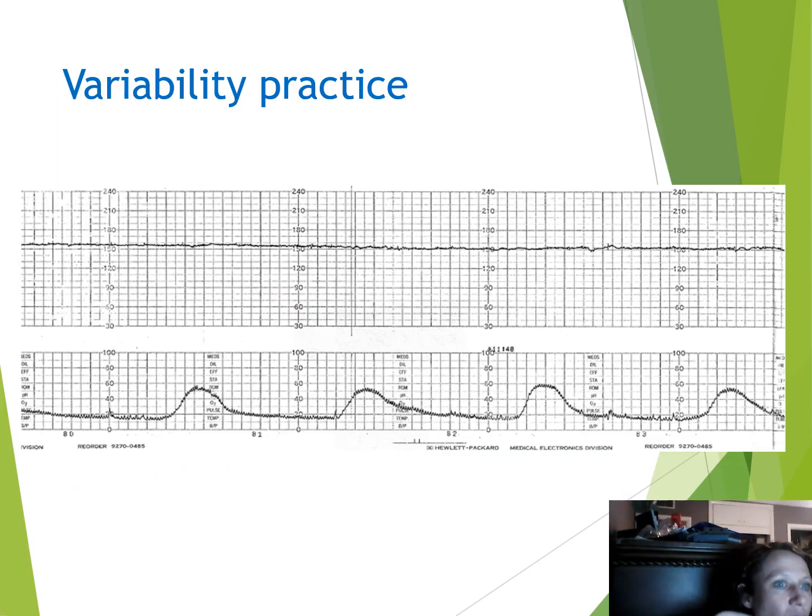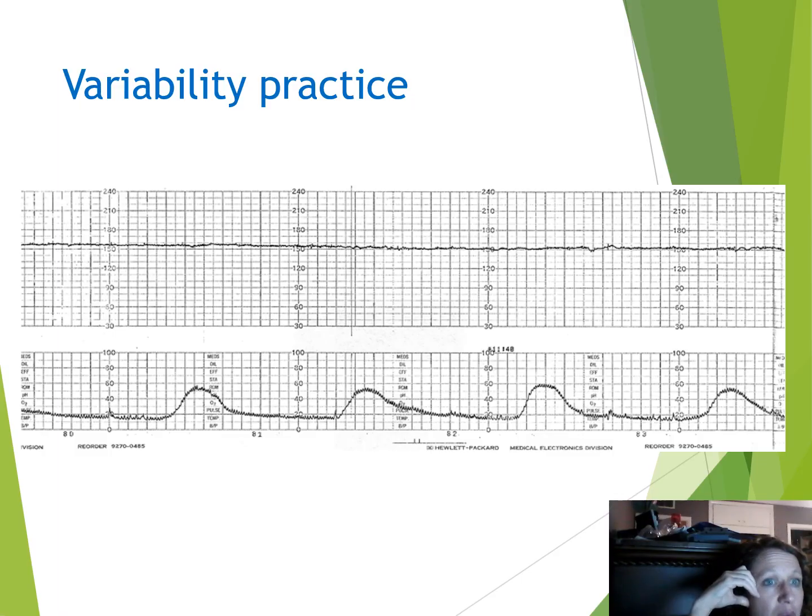Okay, so for this one, again, do your baseline first. Your baseline, you're looking at about 150. It starts out 155 and looks like 150 at the end. I would say overall we could call it 150, but you would be right if you said 155 or 150. And then for your variability, this one's a little harder.